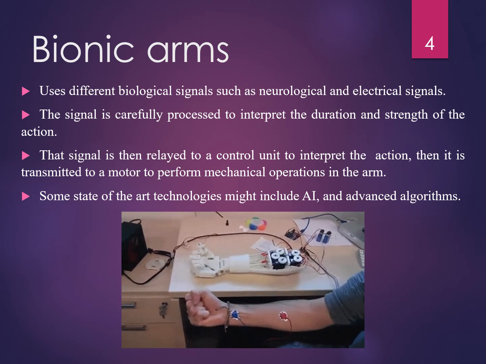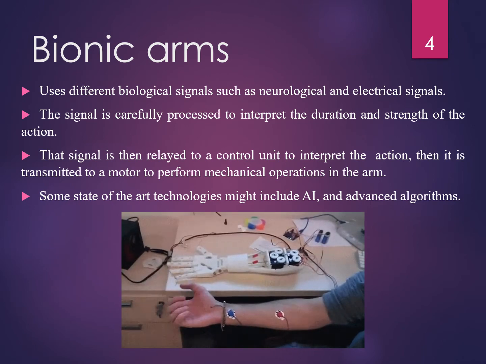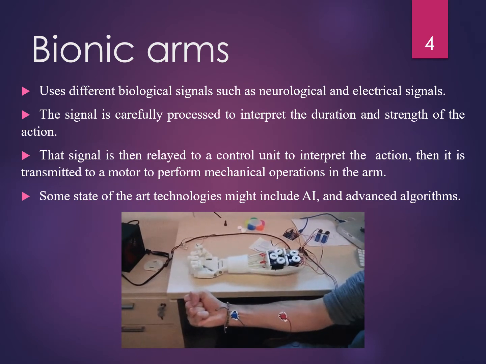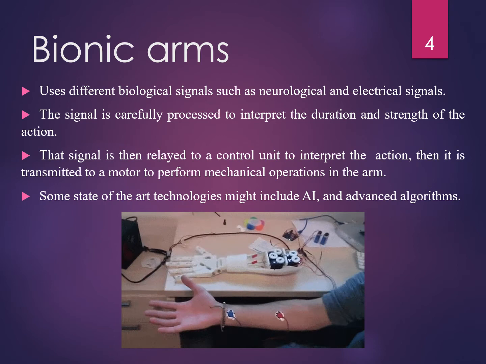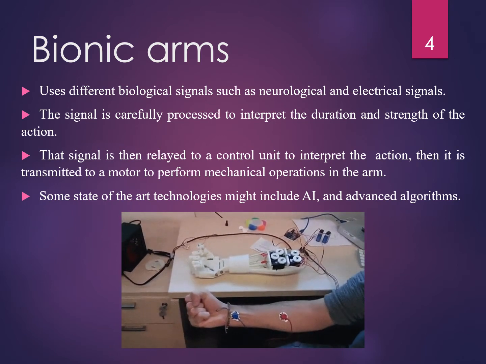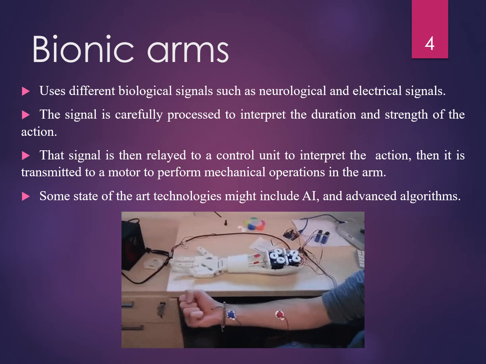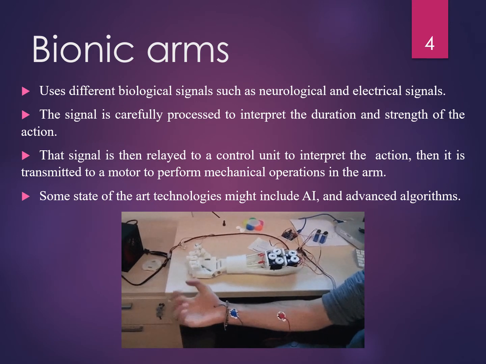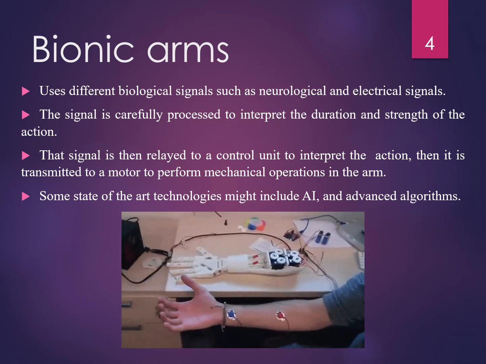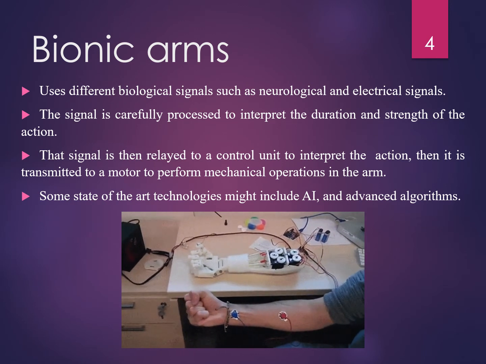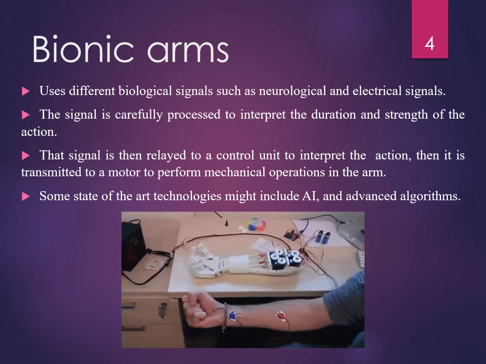The signal is then relayed to a control unit to interpret such action. Then it is converted to an electrical signal that controls a motor to perform mechanical operations in the arm, such as moving the fingers or extending the arm. Some state-of-the-art bionic arms might include AI or advanced algorithms to further advance the process, allowing for a wider range of actions and selectivity.